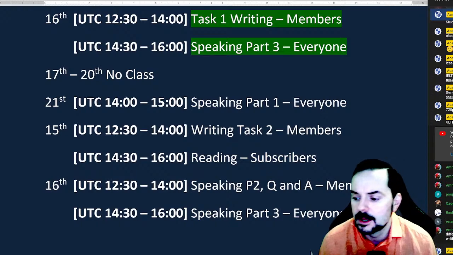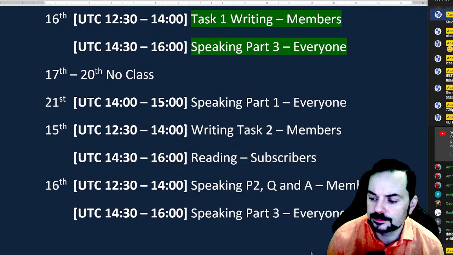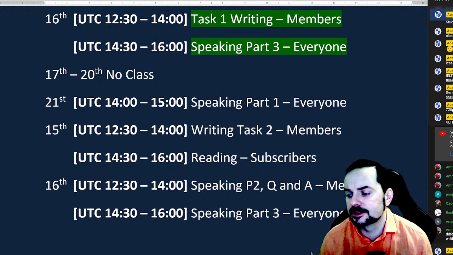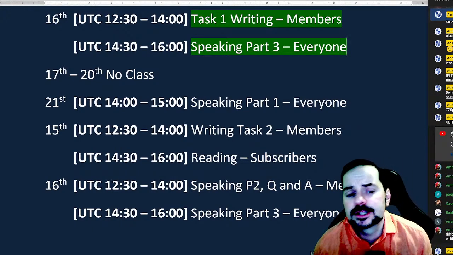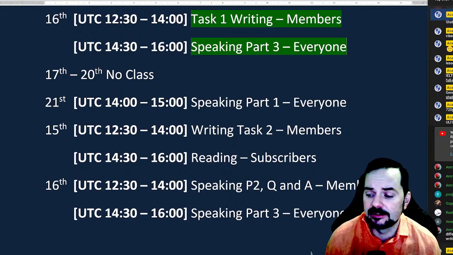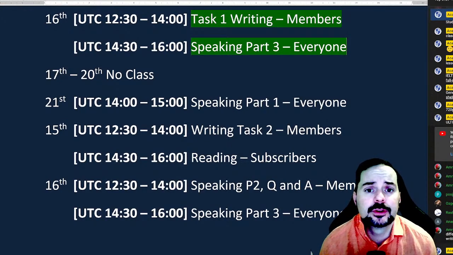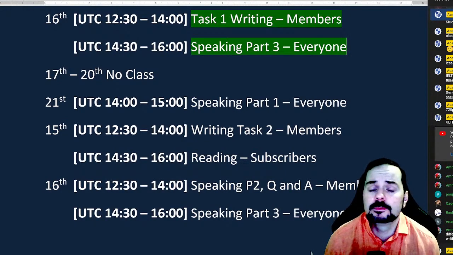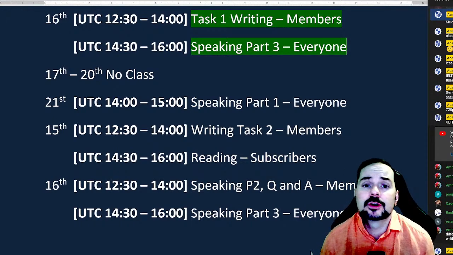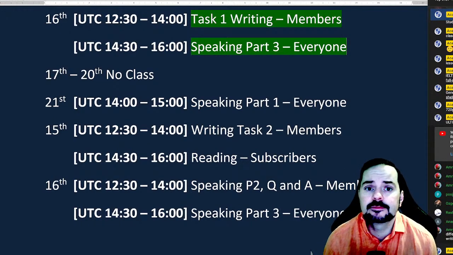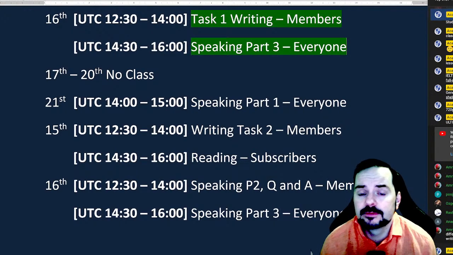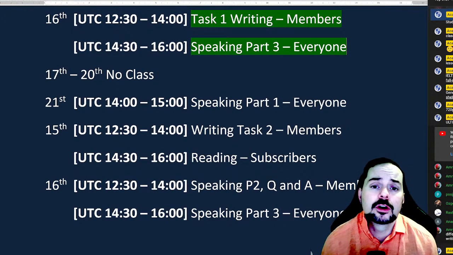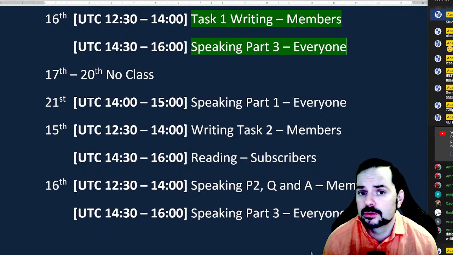Okay. All right. Amrit is asking what's the difference between a band 5.5 and a 6. Amrit, there can be lots of differences between a band 5.5 and a 6. It depends on the writing. It could be spelling, it could be grammar, it could be the content, the accuracy of the information, the structure. It could be the lexical resource, the vocabulary that you're using, or a combination of all of those.